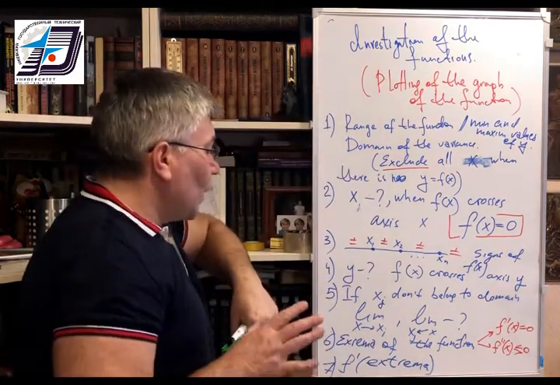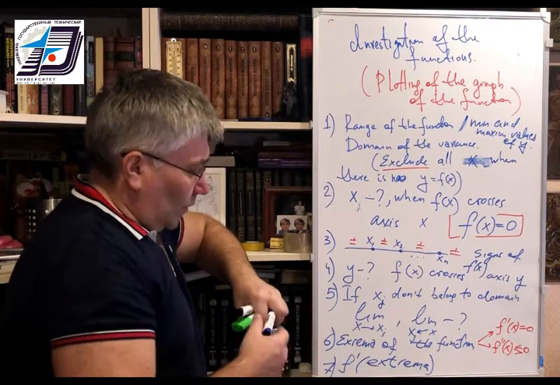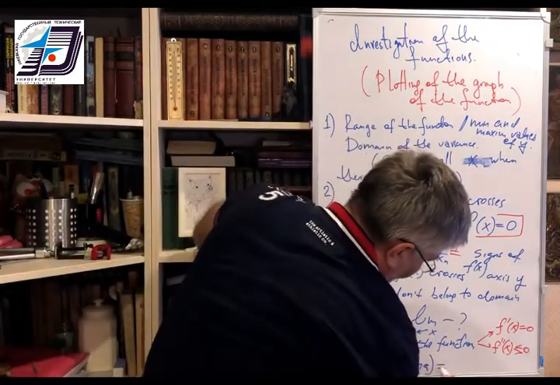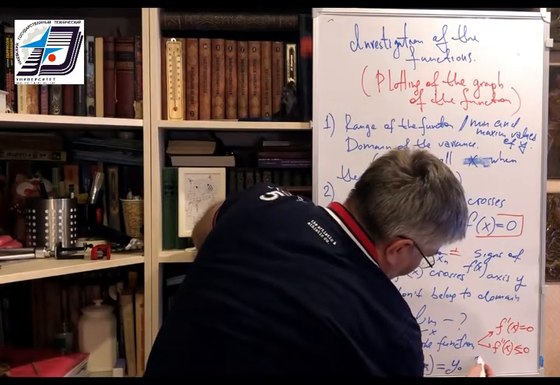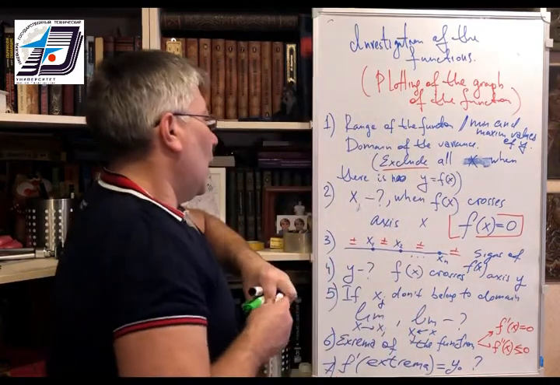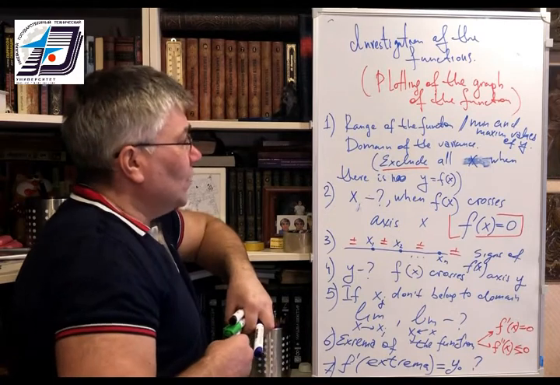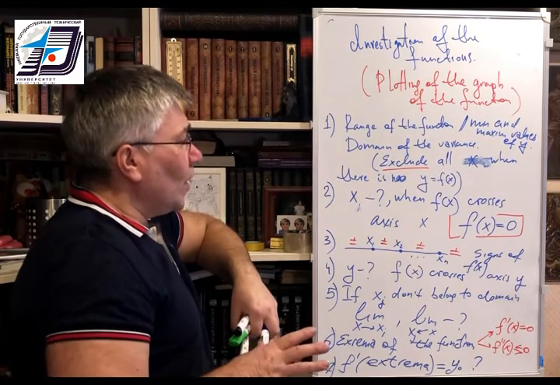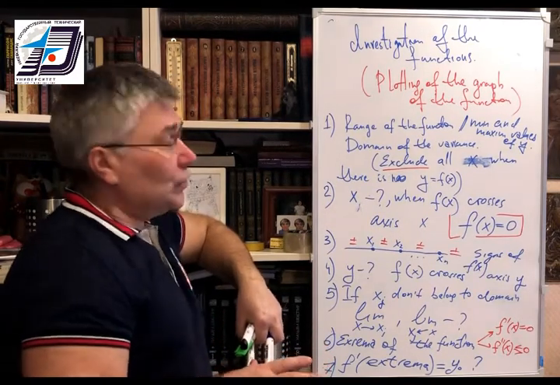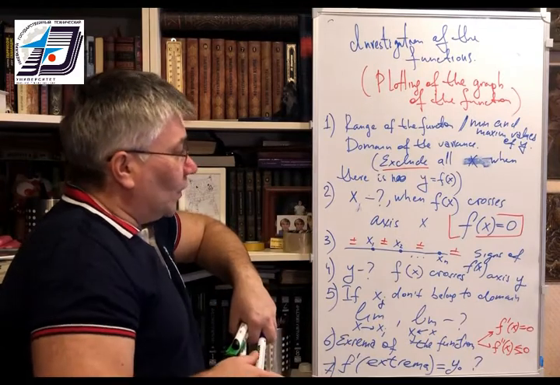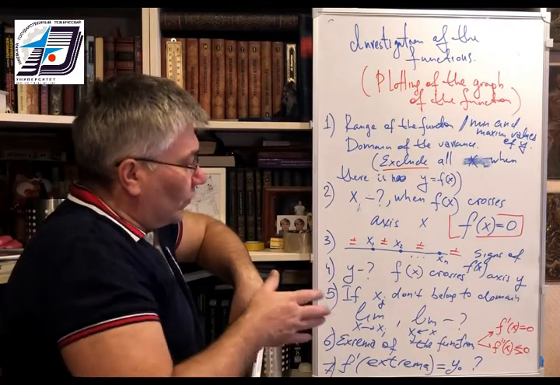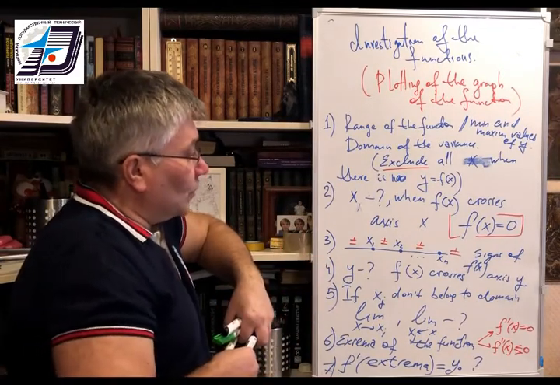Okay, so we have to go through these seven steps, and then we are ready to make a graph of the function if we can get through each of these operations.